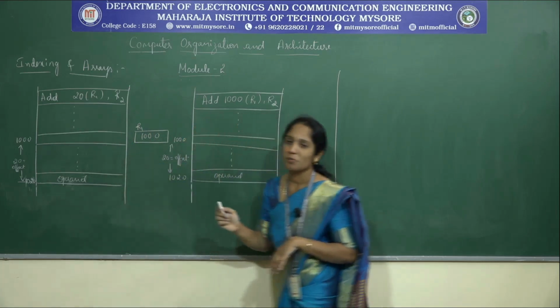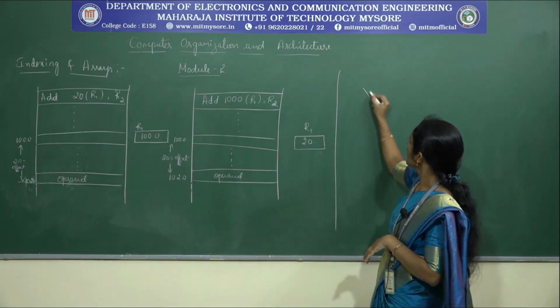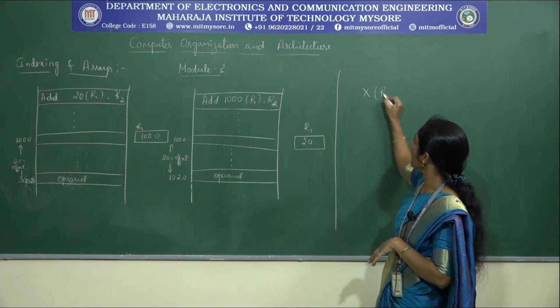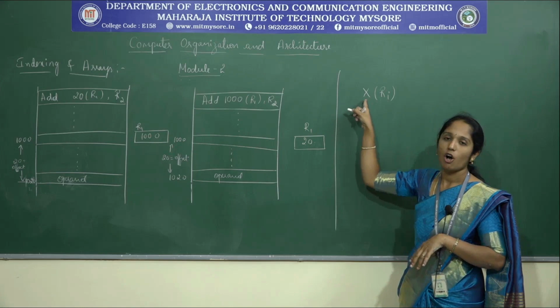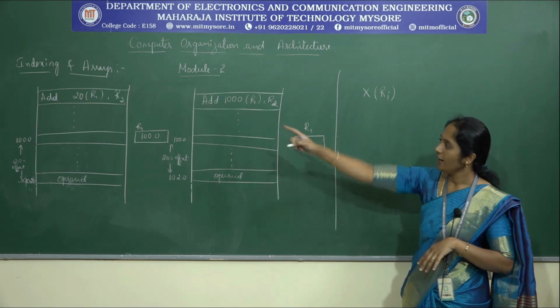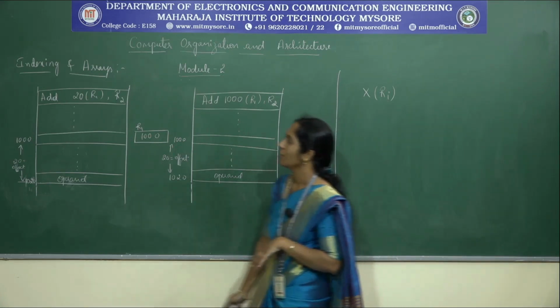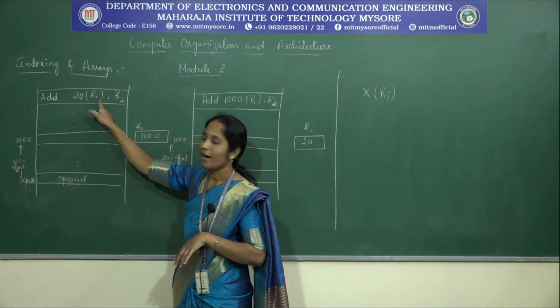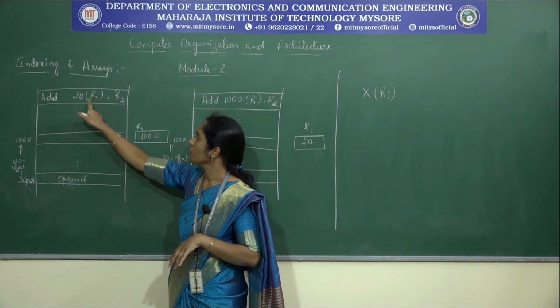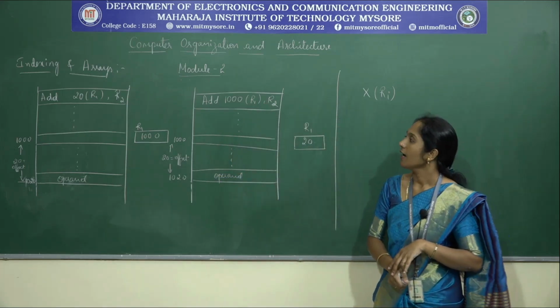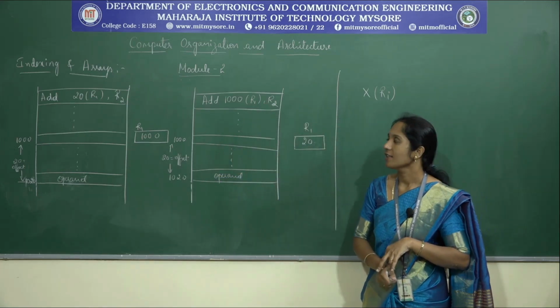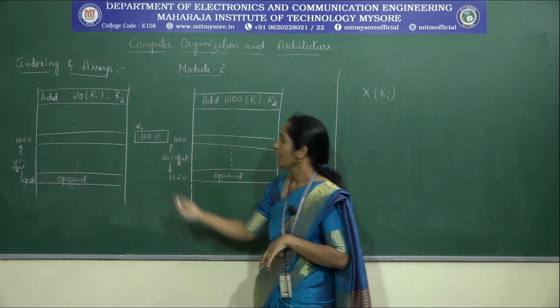We know that the general representation for the index addressing mode is X of Ri, where this register is called the index register, and X is an offset value which is a constant. In the first instruction, add 20 of R1 comma R2, 20 is the offset value and the index register R1 contains the memory address of the operand.